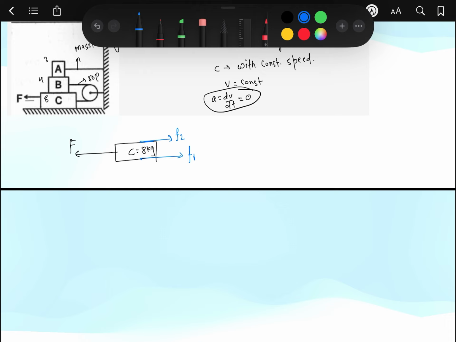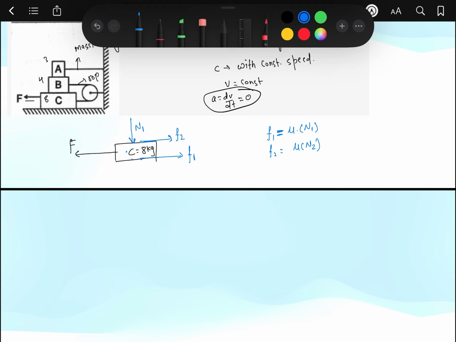Here F1 will be equal to mu into the normal, let me call it N1. And F2, the friction force, is mu into N2, the normal. Let me calculate the value of N1 first.